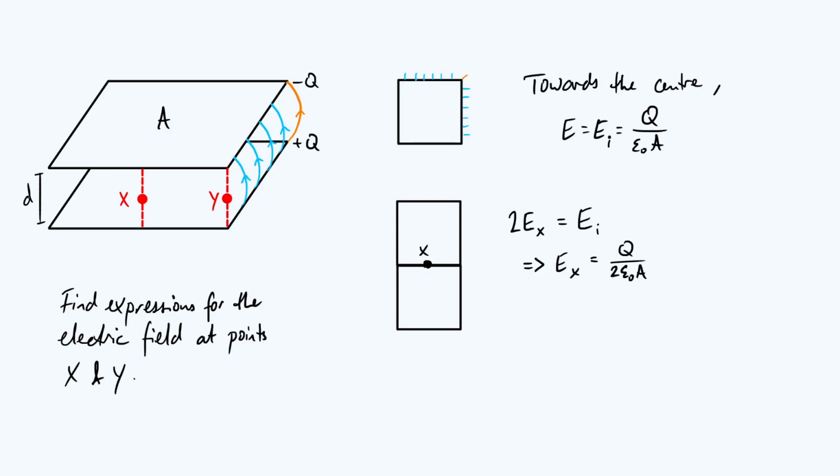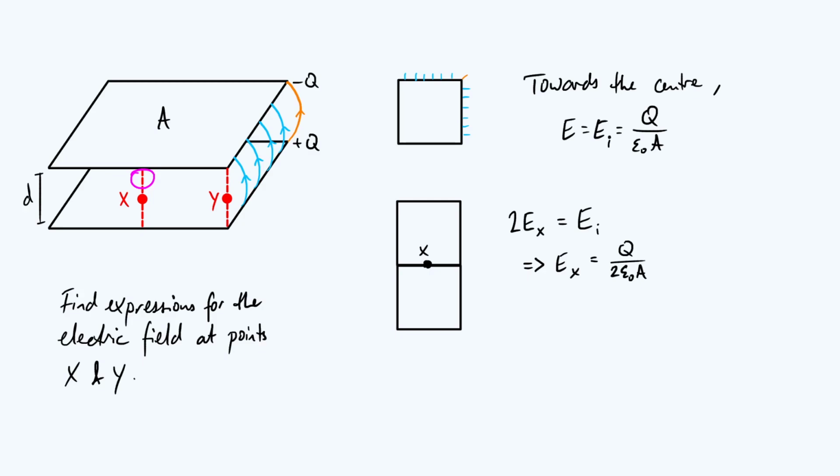In fact, we can take that argument even further and say that, let's say we're interested in a point up here towards the top of that dashed red line, or equivalently towards the bottom, along the same line but not at the midpoint. Well, the same logic we used for the electric field at X applies to the vertical component of the electric field at that pink circled point there.